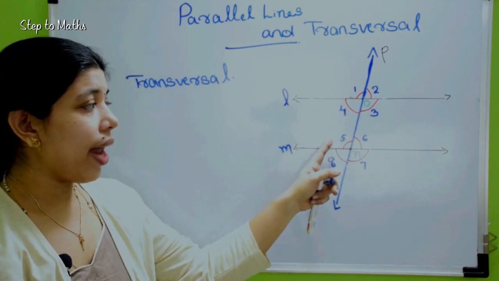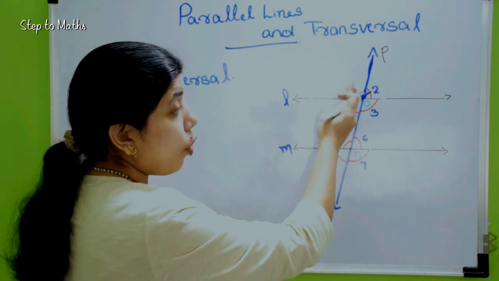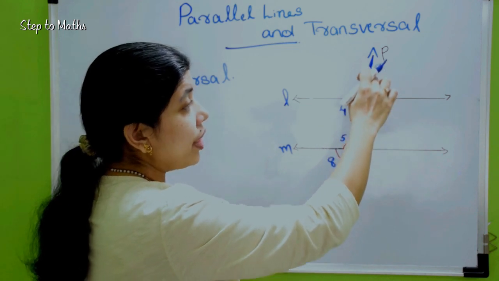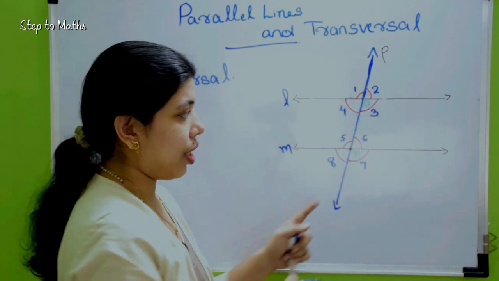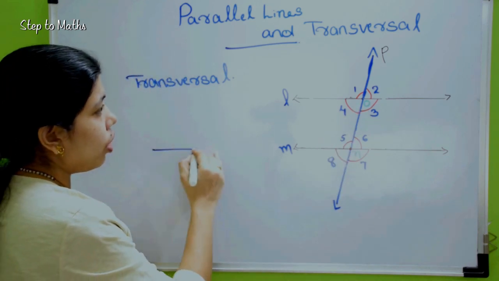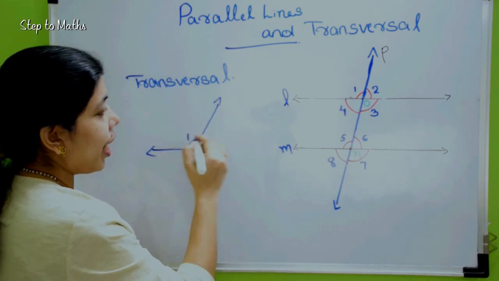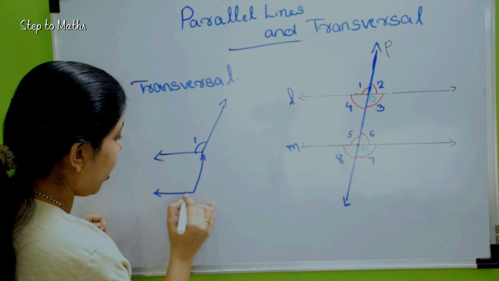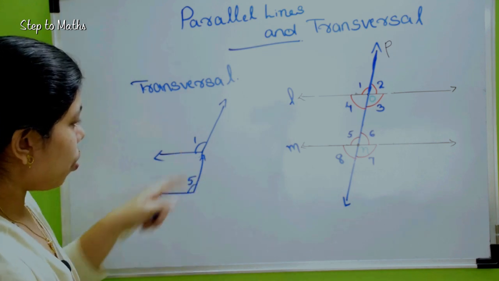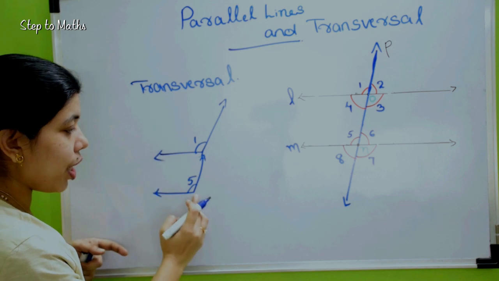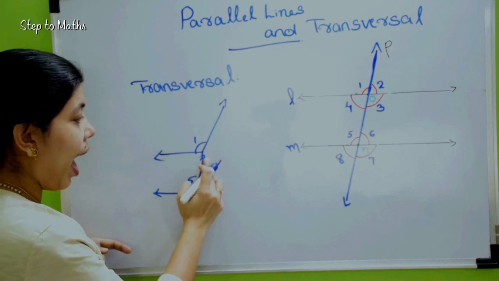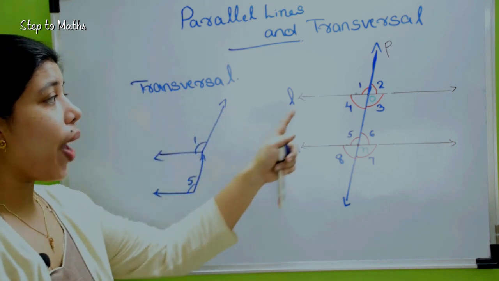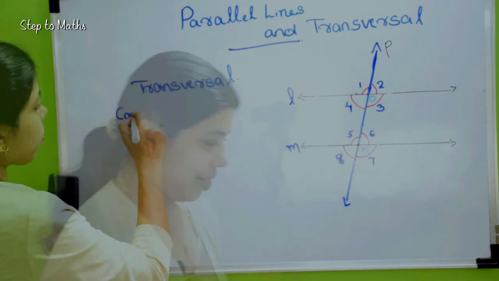For angle 1 and angle 5, they are on the same side of the transversal, and the part of the transversal is in the same direction. For angle 1, one arm is in this upward direction, and for angle 5 also the arm is in this direction. So we can conclude that angle 1 and angle 5 are on the same side of the transversal and the arms on the transversal are in the same direction. This is angle 1. If we separately draw angle 1 and angle 5, they are on the same side of the transversal and the arms on the transversal are in the same direction. So these two angles are known as corresponding angles.